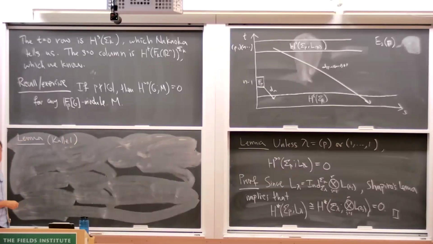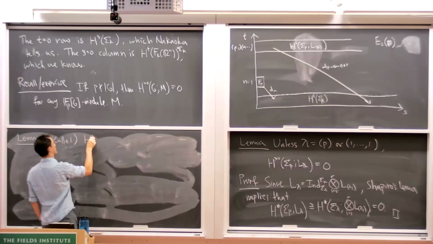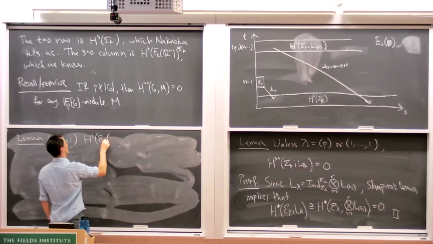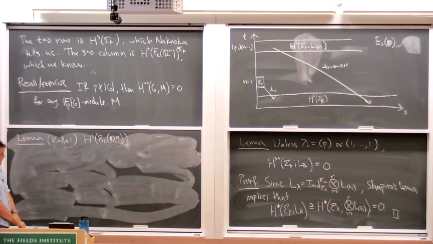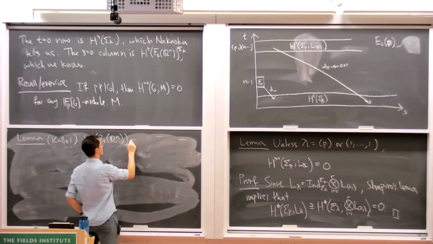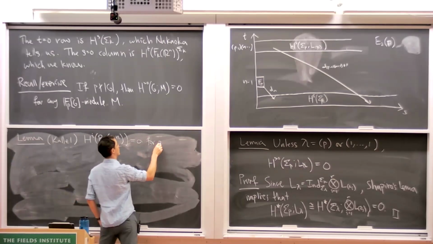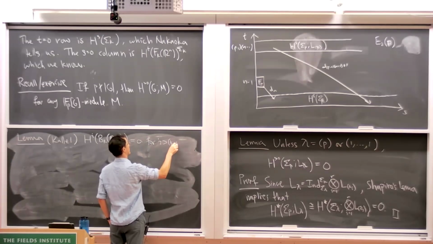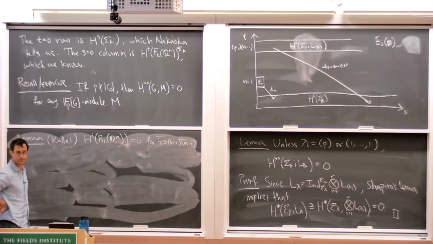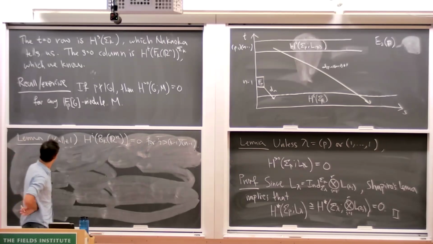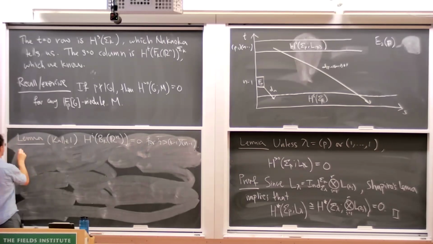Really, this is a result of Nakaoka's, but the interpretation is Kuhl's, which says that the cohomology of the unordered configuration space is 0 for i greater than (n minus 1) times (k minus 1). Okay.